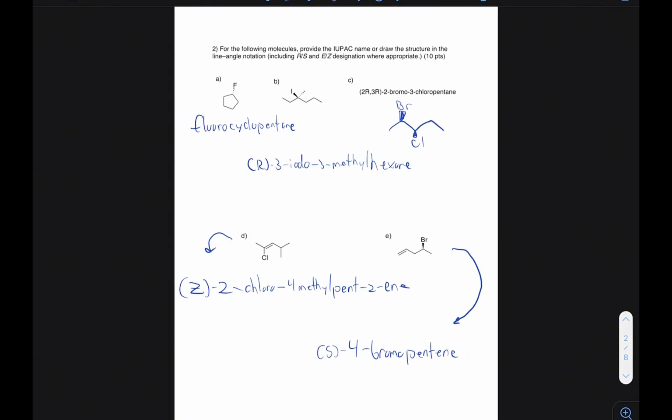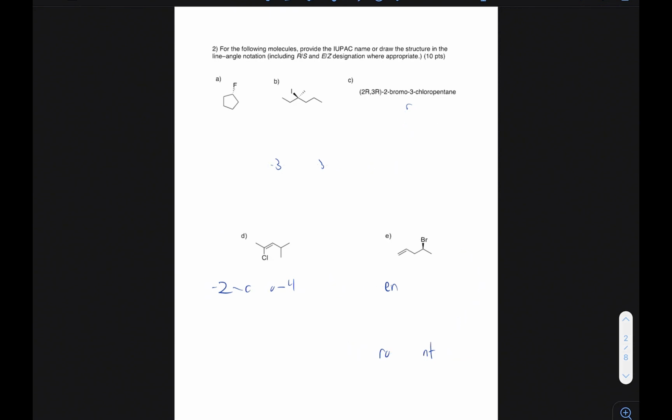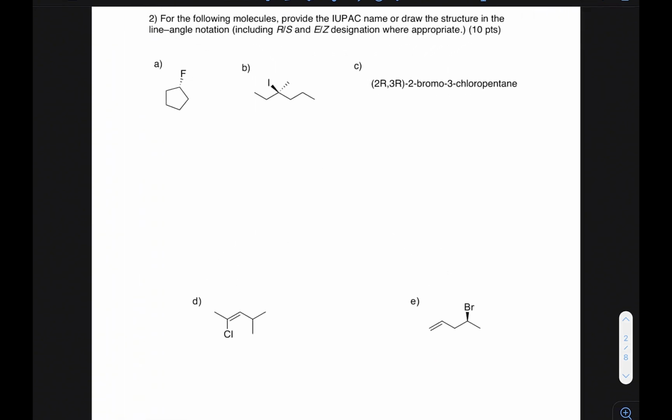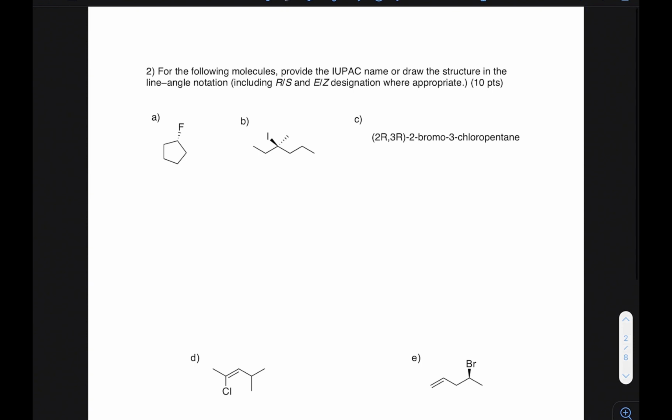All right, so for the second problem here, you see I've already done this answer key, I'm just redoing things. Let's look at some of these naming problems. For number one, or A, we have our parent chain, 1, 2, 3, 4, 5, which is cyclopentane. We have fluorine here in the 1 position.